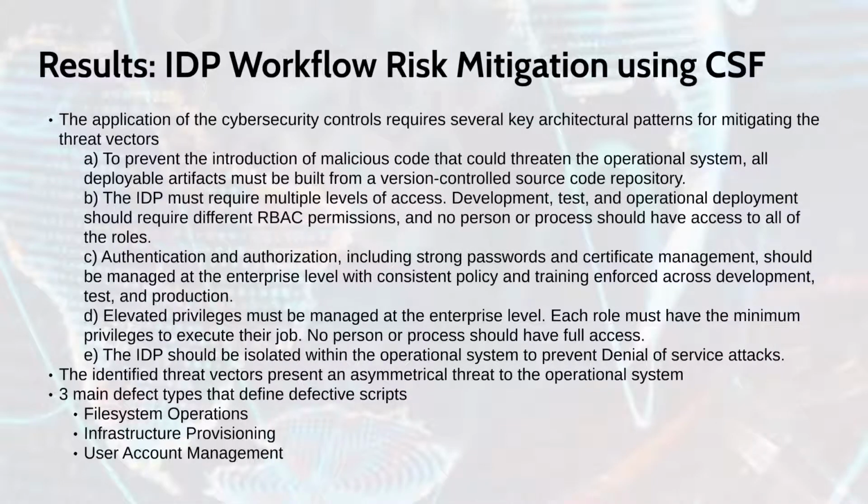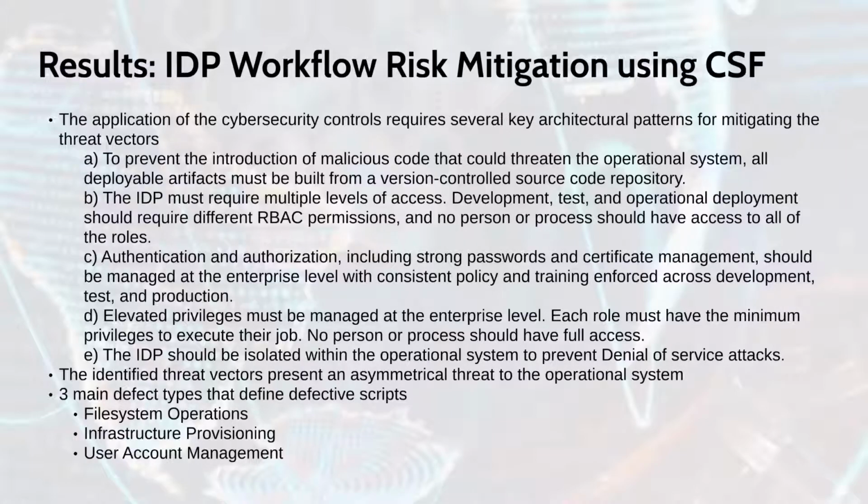The application of the cybersecurity controls does mitigate the IDP workflow cybersecurity risks. The application of the cybersecurity controls requires several key architectural patterns for mitigating the threat vectors. To prevent the introduction of malicious code, all deployable artifacts must be built from a version-controlled source code repository. The IDP must require multiple levels of access.